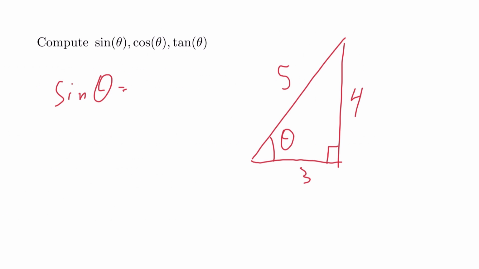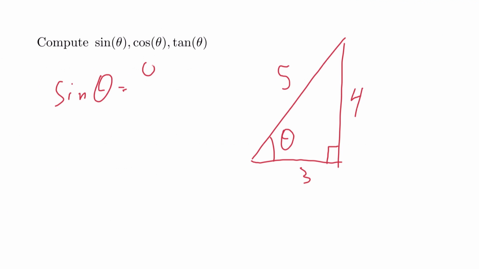What is sine of theta equal to? Well, it's opposite over hypotenuse. Op over hyp. So 4 divided by 5. Easy. I just had to remember what sine means. It's defined to be the ratio of those two sides.